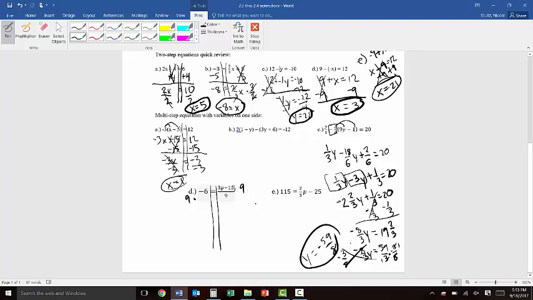And what happens is, it's really like you're taking this whole thing times 9, and when that happens, you can just reduce the 9s to make 1s. So 9 times 6 is negative 54. And you're going to be left with 3p minus 15. So it looks like I took p, I tripled it, subtracted 15, so we're going to add 15 to start.